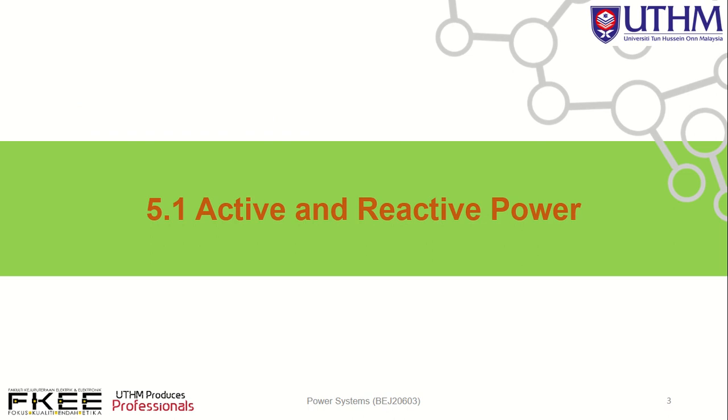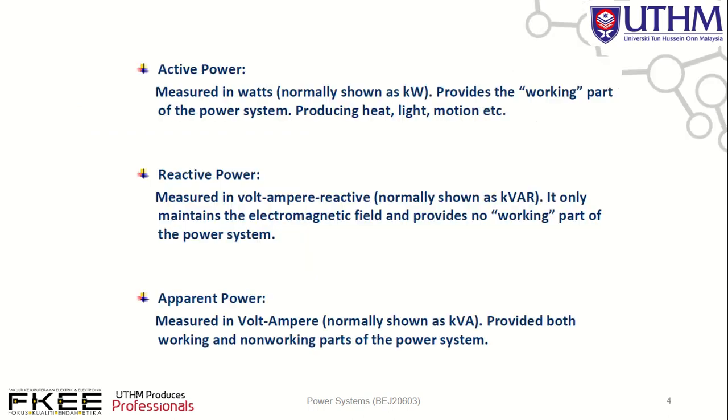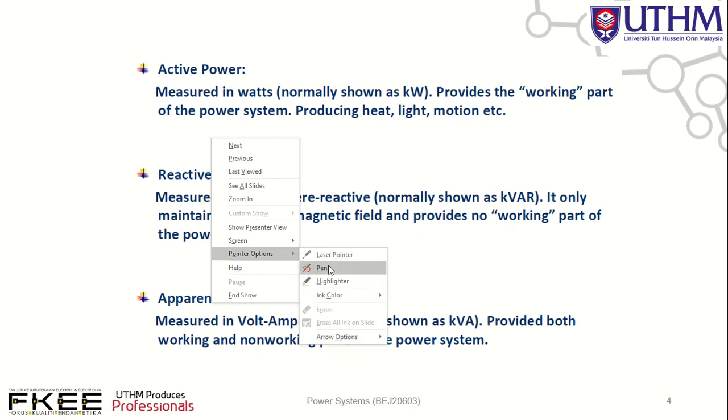What is active and what is reactive power? Basically, we already discussed active power, reactive power, and apparent power in chapter 2. What is the meaning of active power? Active power is measured in watt.